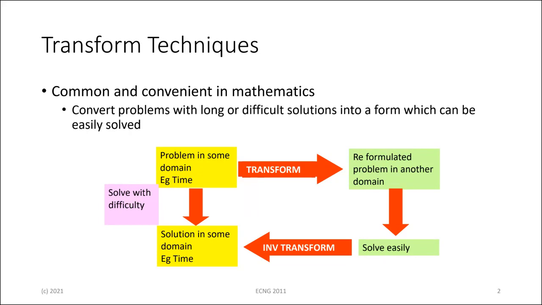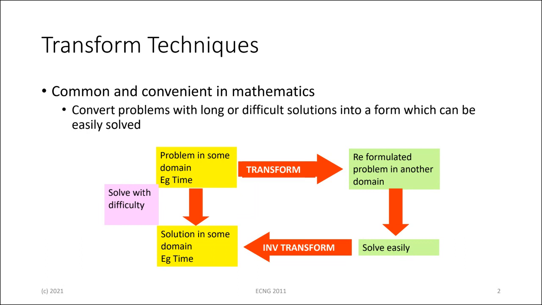Okay, so transform techniques. This is quite common in mathematics, in engineering, and in the sciences as a whole. The idea behind a transform technique is that originally you have some problem that you have to solve or model in a particular domain, like the domain that we are in, which is largely the time domain.